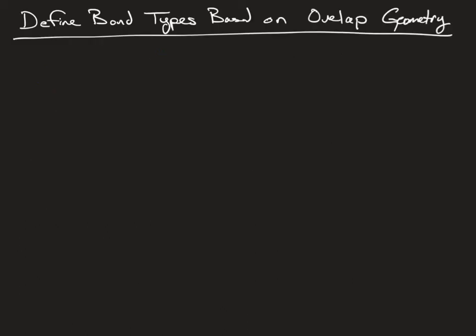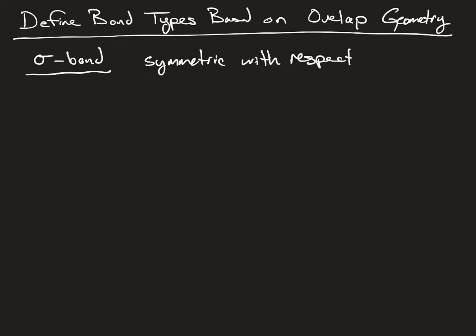We can define bonds based on the overlap geometry. So we've talked about sigma and pi bonds. We've introduced delta bonds. So we're just going to formally define them here. So a sigma bond is any bond that's symmetric with respect to rotation about the bonding axis.